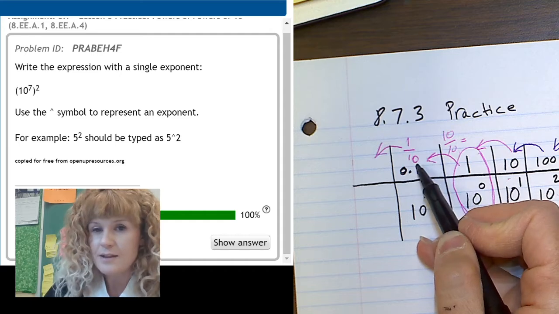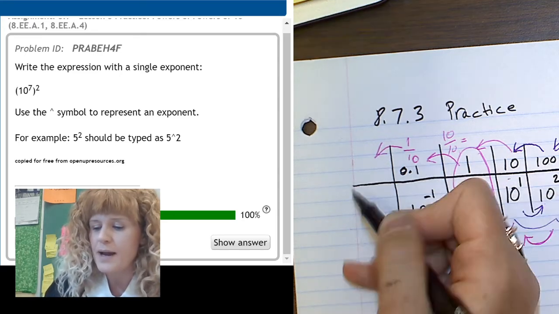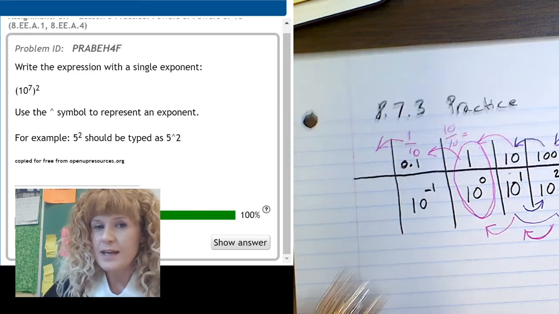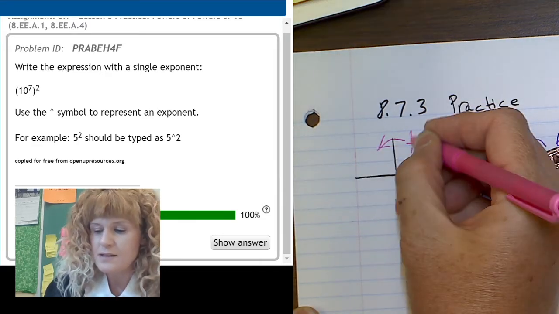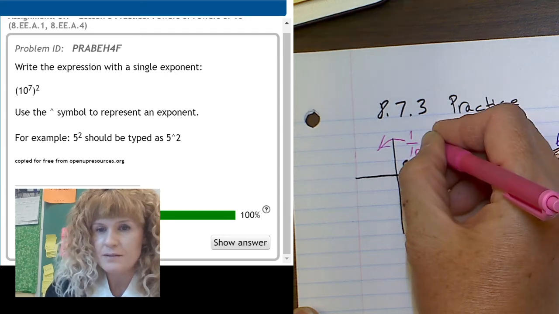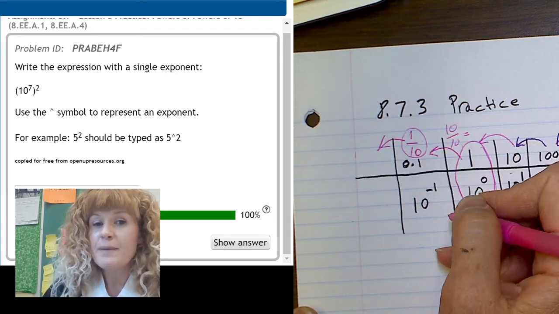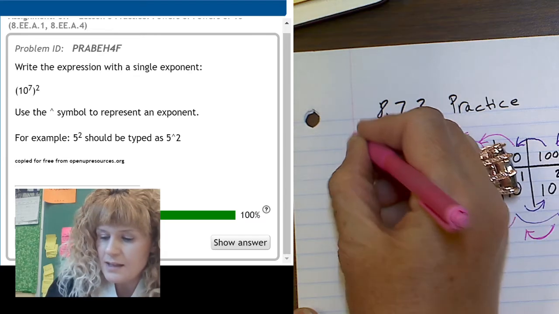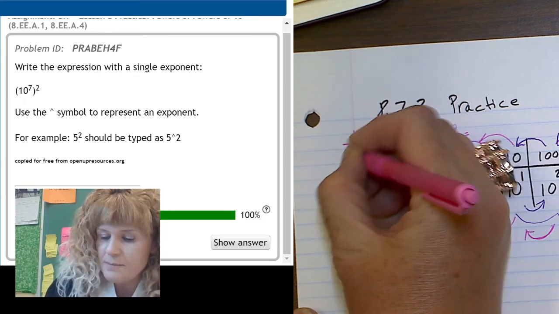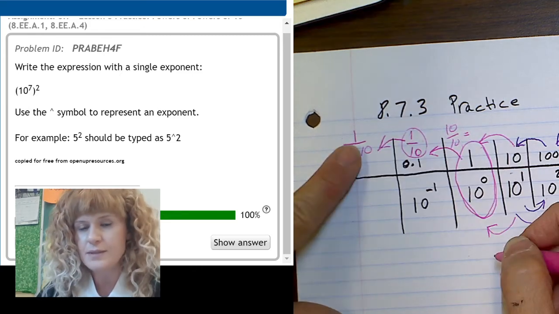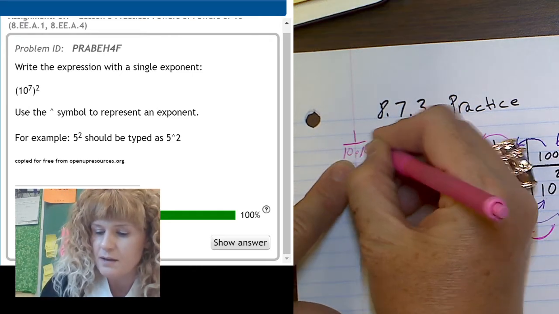So take 1/10 and divide by 10. Let me say that again. Now, 1/10 is 1 divided by 10, right? What if I divide by 10 again? Then it is 1 divided by 10 divided by 10. And we have 2 10s in the denominator.